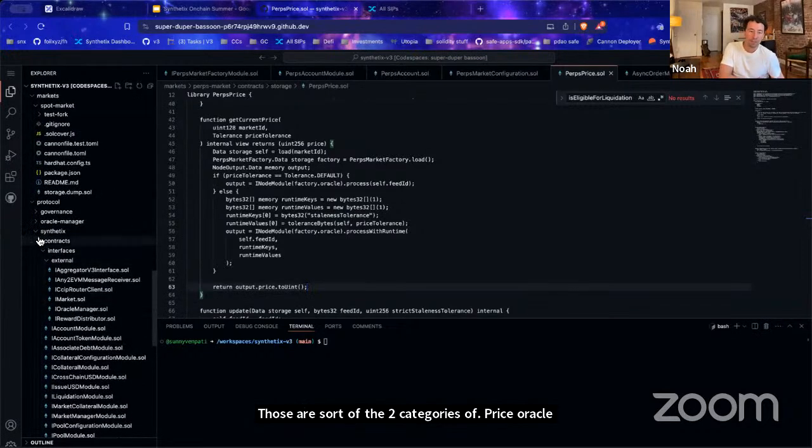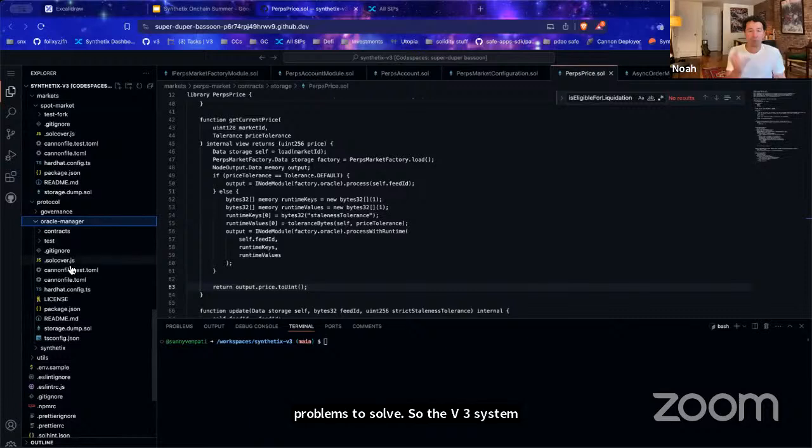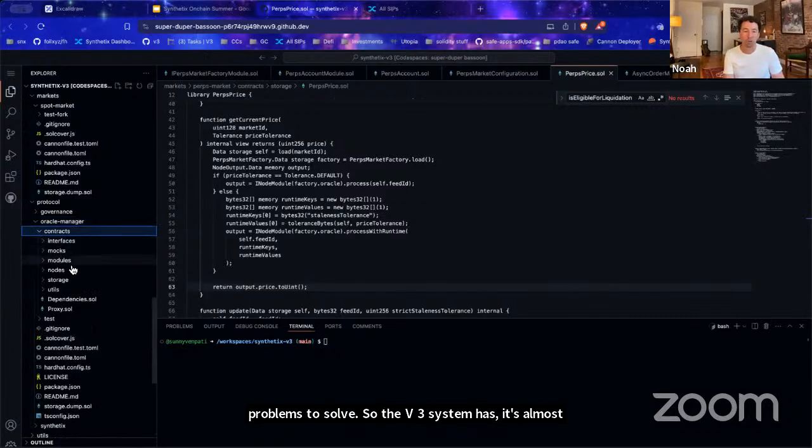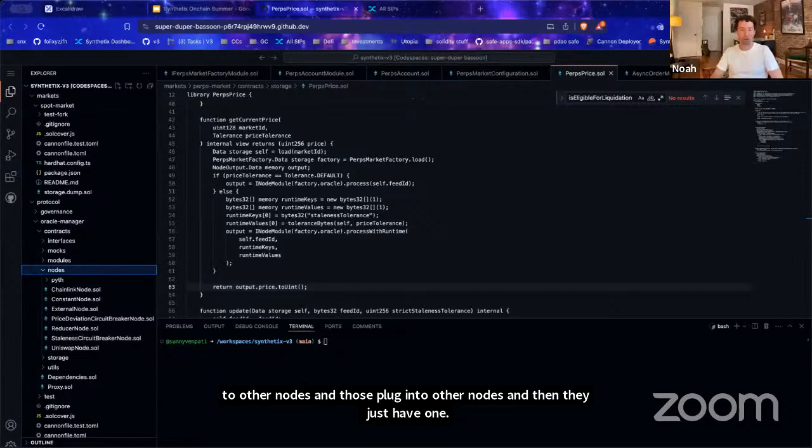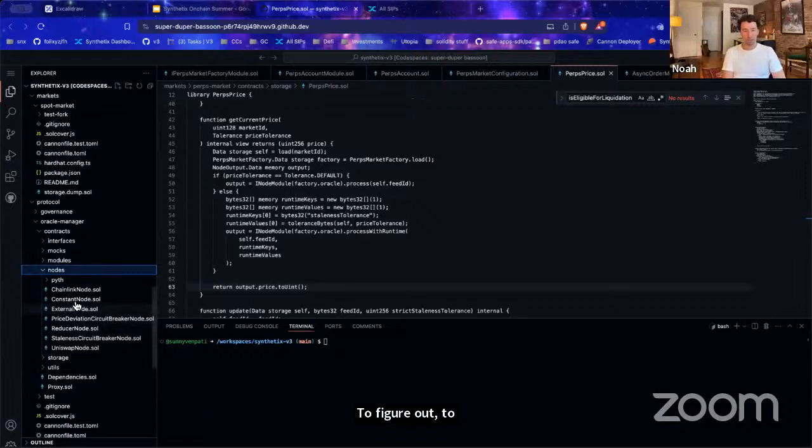So the V3 system has almost like a standalone protocol called the Oracle Manager. This is a stateless system where you can have these nodes that you call for data, and they can plug into other nodes, and those plug into other nodes, and they just have one deterministic ID to specify what you want to pull the price from.